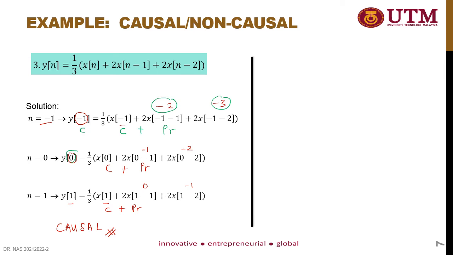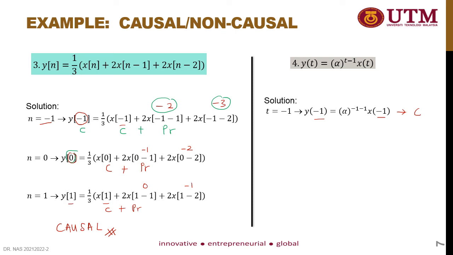Okay, look at another example, given by this equation in a continuous time system. Again, try different t values, when t equal to -1. Here is the current state -1, so your equation also has -1. So you got only current state. Try t equal to 0.